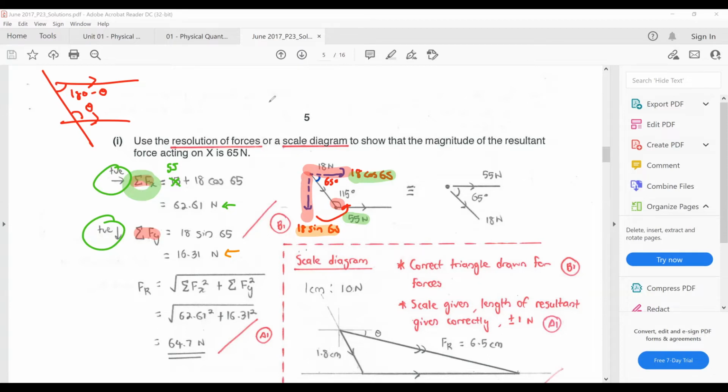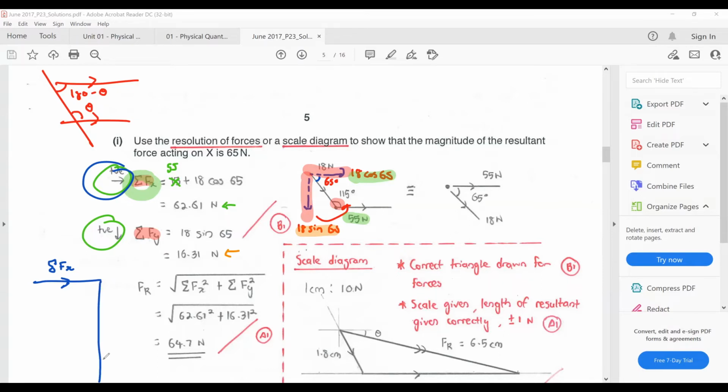Sum of Fx at 62.61 Newton is going to give you this diagram here. This is your sum of Fx. It's going towards the right because the sign convention is going towards the right. And then sum of Fy is 16.3. Downwards is positive, so it's also pointing downwards.